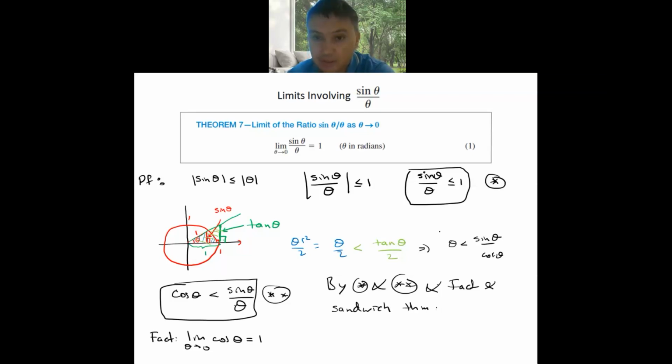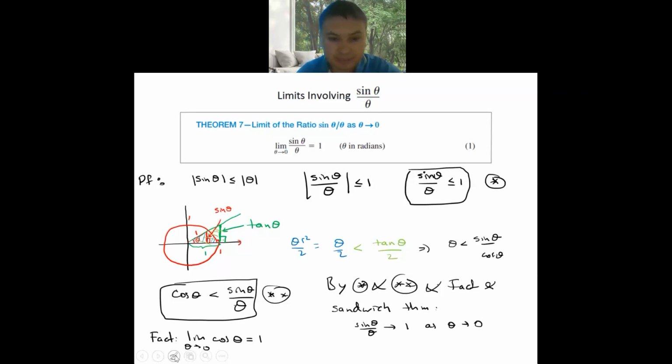We get that sine theta over theta is sandwiched by 1 and cosine theta, but cosine theta goes to 1, so from below it's 1, from above it's 1. So we established that sine theta divided by theta goes to 1 as theta goes to 0. So this is another way of writing this limit: the limit as theta goes to 0 of sine theta over theta is equal to 1, okay?